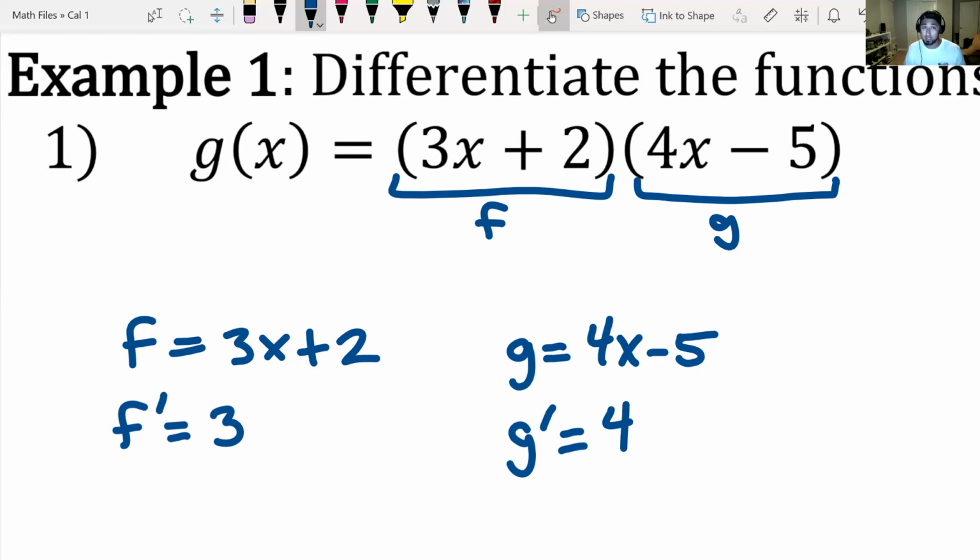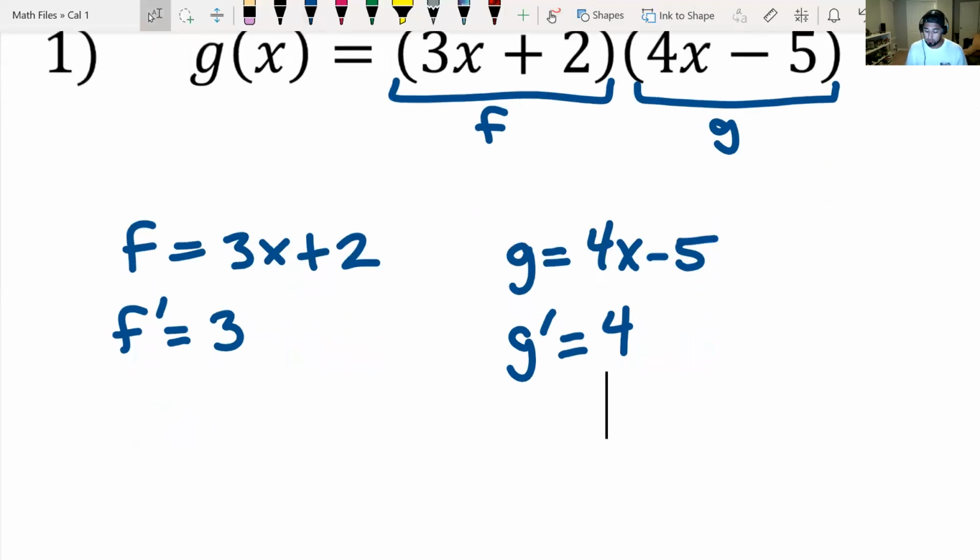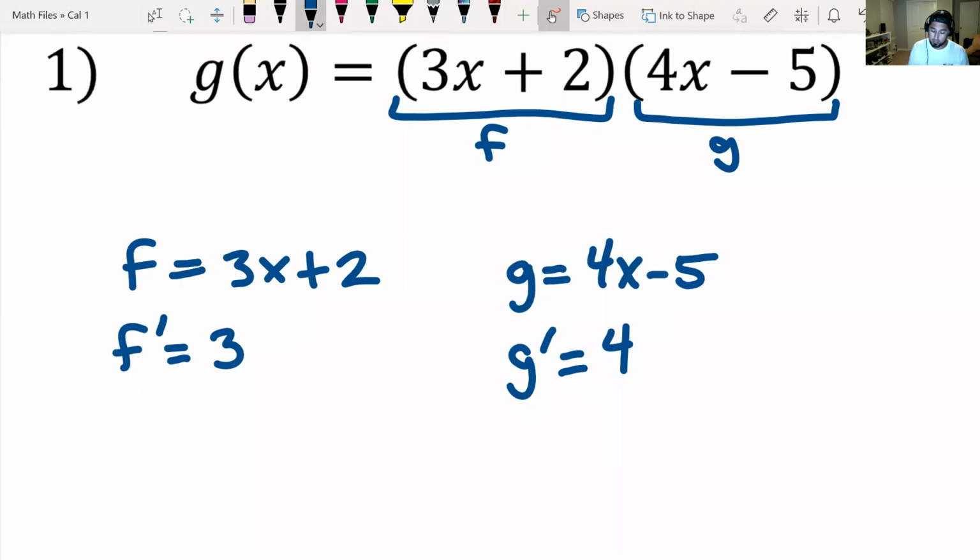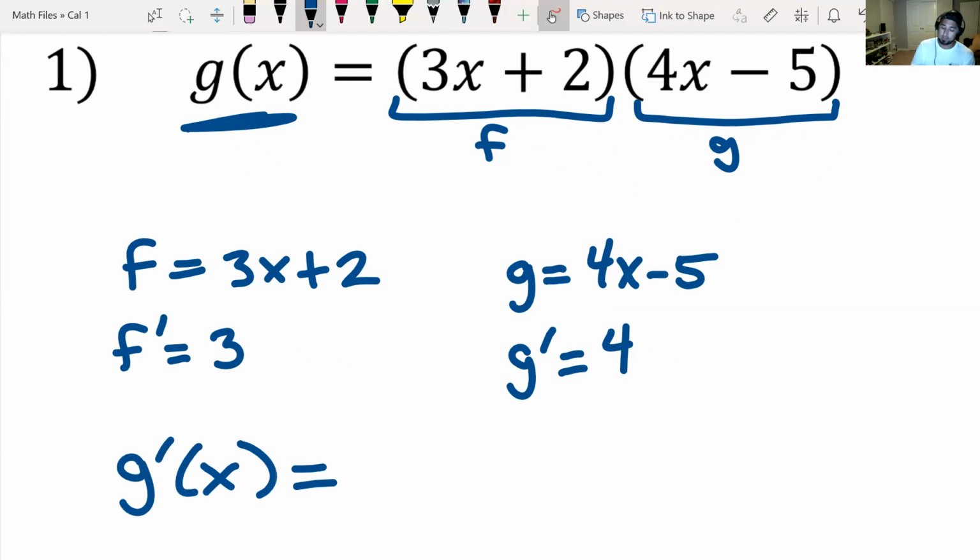We are now ready to apply the product rule. So remember that we are taking the derivative of f of x, so that's how we'll start out. We're going to say f prime of x is equal to, and here is how we'll do the product rule. The product rule is f prime times g.